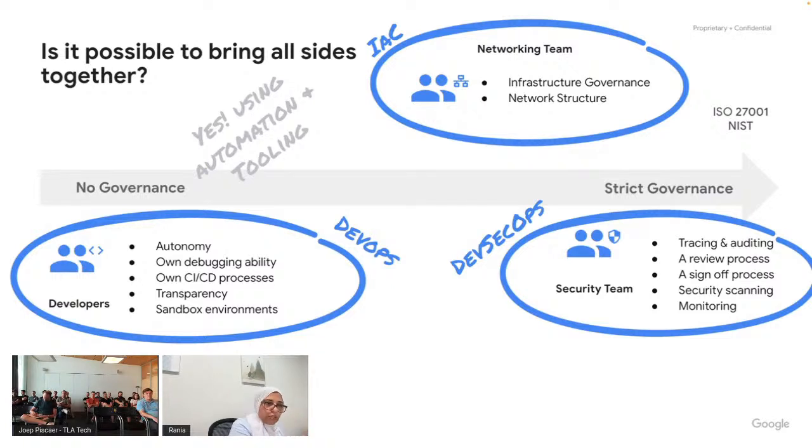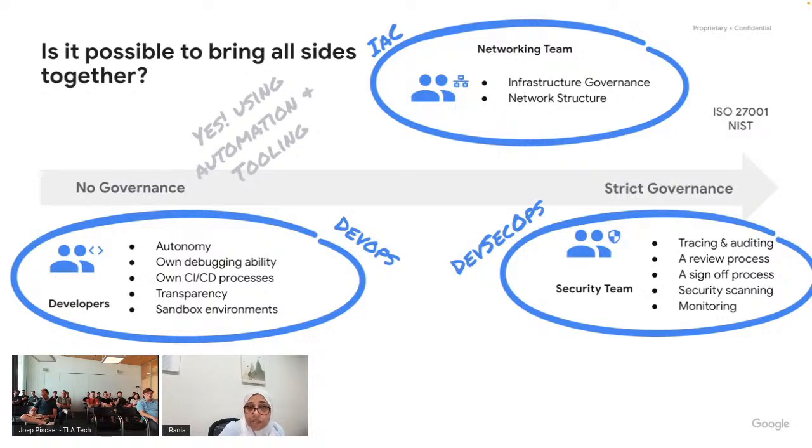So we are focusing on the development story and the operability story from a development aspect, while the security is more focusing on DevSecOps and the network team is more focusing on infrastructure as code.